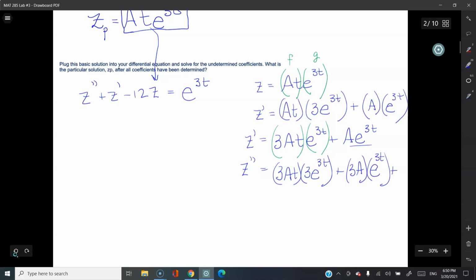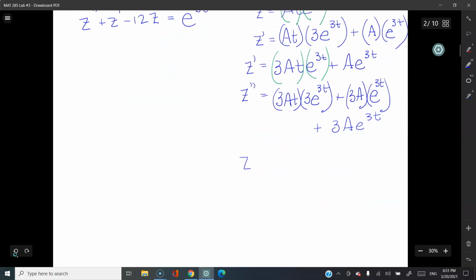And then we can also do the derivative for this last term, which would be 3a e to the 3t. And we'll clean this up just a little bit because we've got some like terms that can be put together, those two. So we've got 9at e to the 3t plus 6a e to the 3t. This is z double prime.